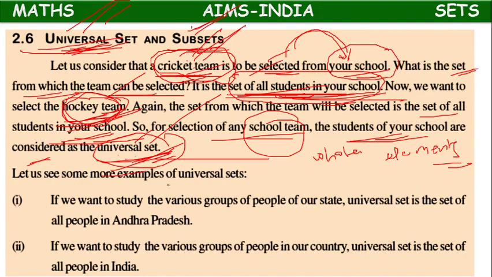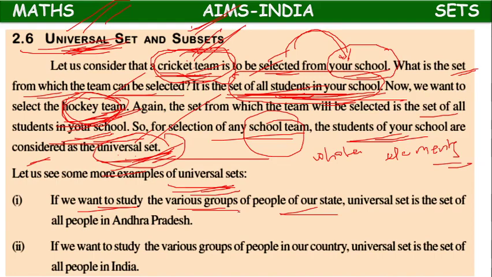Okay, some more examples of universal sets. If you want to study the various groups of people in our state, so if we want to make a study regarding groups of people, educated people, uneducated people, or government employees, private employees, like that, we want to create some groups of people of our state. So for that, what is the criterion? The whole total population in the state we will consider.